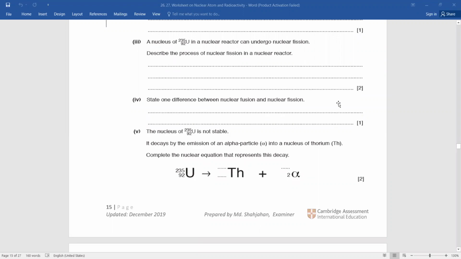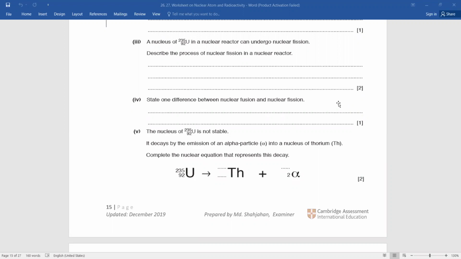Elements. Sorry, sir. No problem. This way we also did mistake, but we should be careful. They are not particles. These are elements, right? Yes, sir. So one element is splitting into 2 or more elements, right? In nuclear fission. Yes, sir.